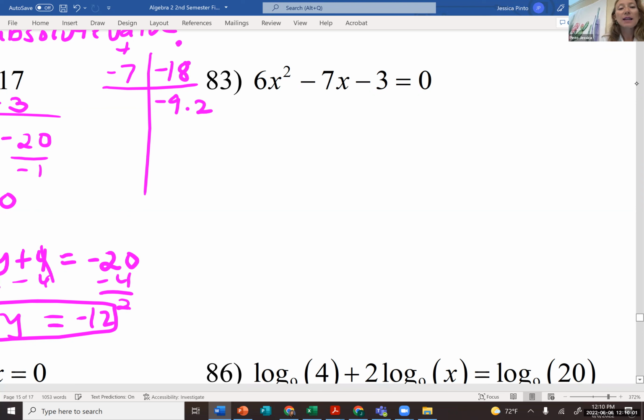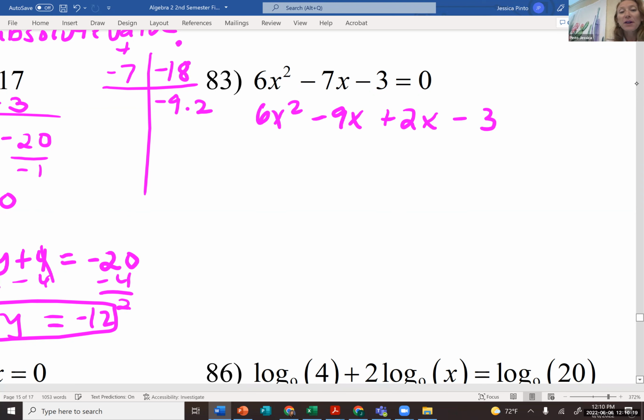So now I'm going to say 6x squared minus 9x plus 2x minus 3. And I'm just working on the left-hand side, so I'm ignoring the equals 0 until I need that step.